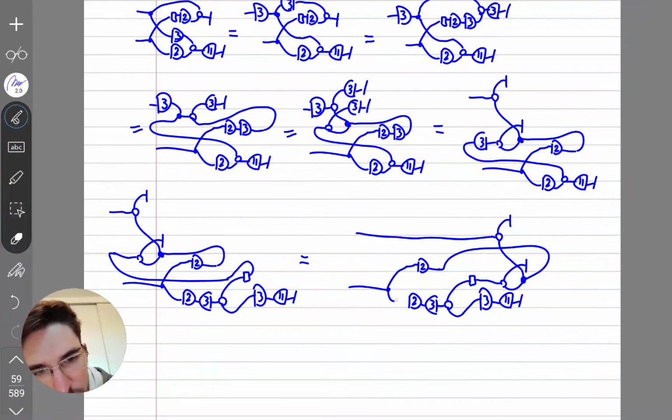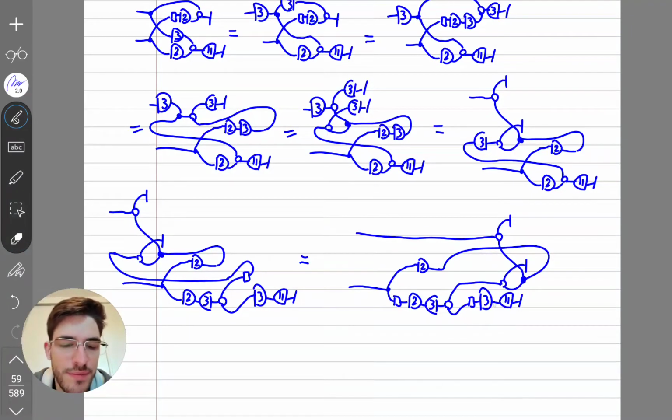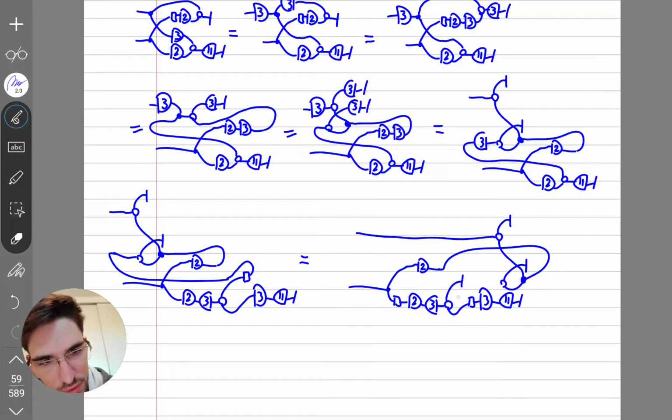Let me slide the minus everywhere. I don't have a minus here. And now I have, you know, 1 plus whatever's here plus this thing. So it's just 3 things added together.